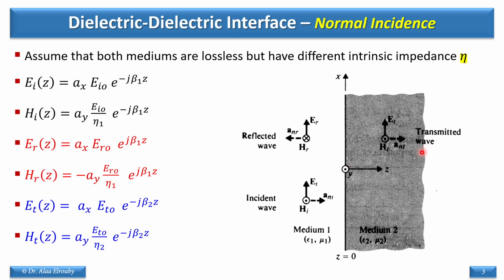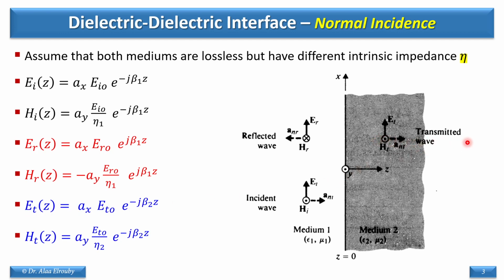When we go for the transmitted wave, it will be propagating in the positive Z direction, so we have a negative sign here. Media 2 does have a different value of dielectric constant, so it's beta 2 and eta 2, a different intrinsic impedance. The direction of the electric field is AX.